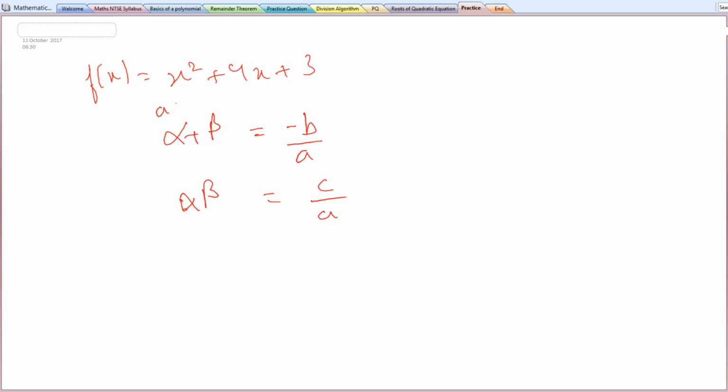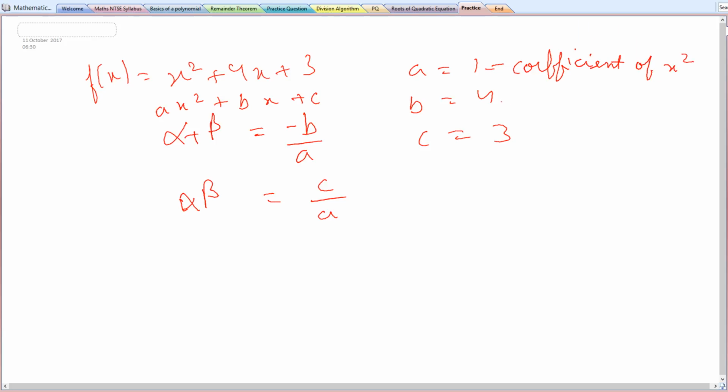So if I compare this with my standard quadratic equation, I get a is equal to 1, b is equal to 4, c is equal to 3. This is the coefficient of x square, this is the coefficient of x, and this is the constant term. So I can now directly put these values here.